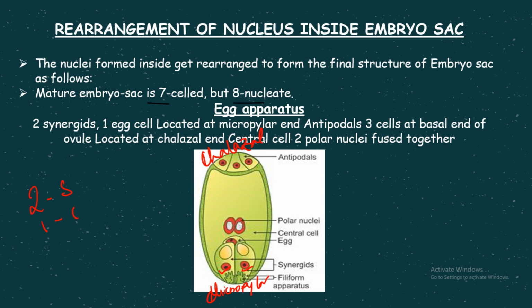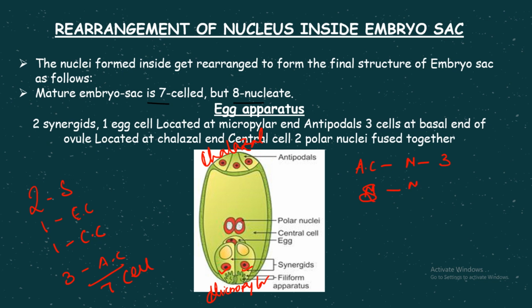then one polar or central cell and 3 antipodal cells. So if we count, 3 plus 1 is 4, 4 plus 1 is 5, 5 plus 2 is 7. So that means 7 cells. And if you count the total nuclei, the antipodal cells have a total of 3 nuclei. Then the synergids, how many nuclei do they have? The synergid nuclei number is 2.